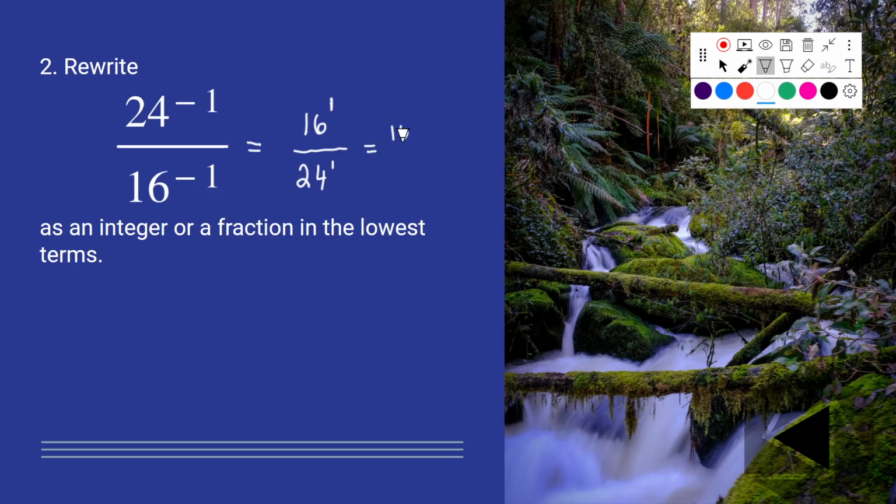So this is 16 over 2 to the 4, but it says in lowest terms. 8 goes into both of these numbers. So I'm going to basically divide both of these numbers by 8, and we're going to have 2/3 is the equivalent.